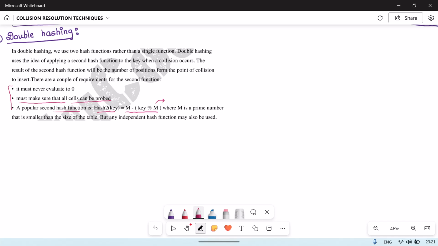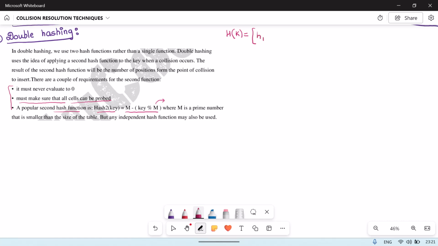Okay, so first I will show you what formula we usually use in order to calculate the hash function in case of double hashing. I am finding the hash function for a given key. I will show you how I can use hash function 1 and 2.